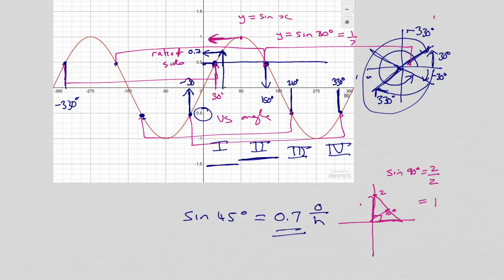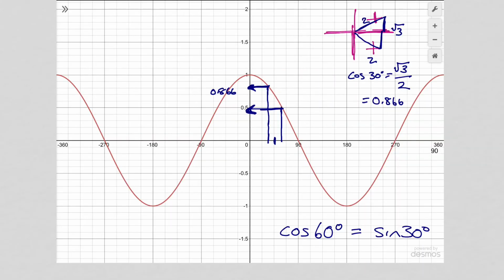So if you're in this quadrant over here, and you have an angle that is 30 degrees, then this will automatically be 1, that will be 2, and that will be square root 3 without any doubt, right? If you draw a triangle at 60 degrees, that's still 2, but now they switch values. This one becomes 1, and this one becomes square root 3.